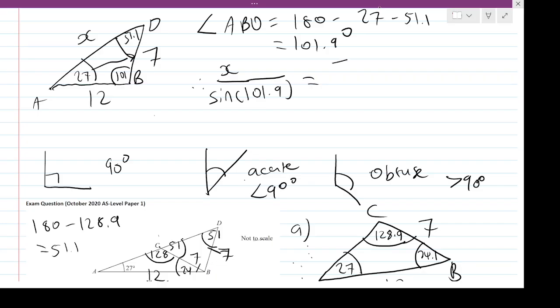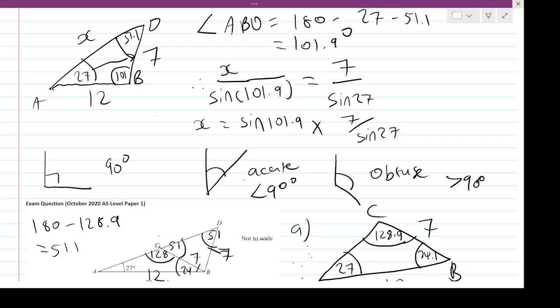So 7 is the side over the sine of 27, which is the opposite angle. So therefore x is going to be sine of 101.9 times 7 over sine 27.